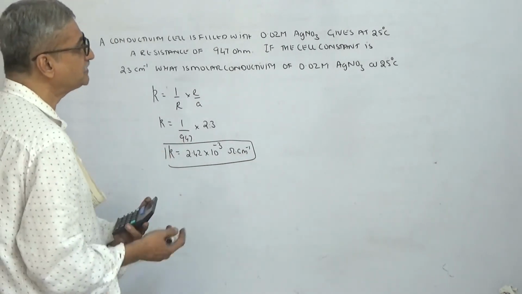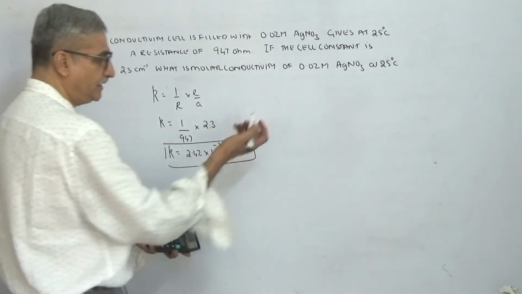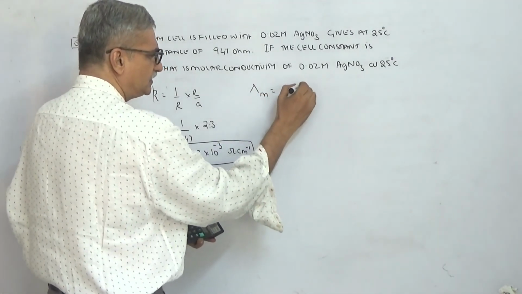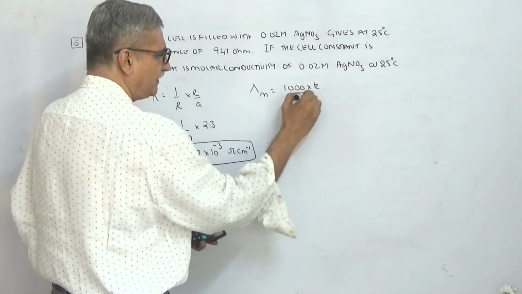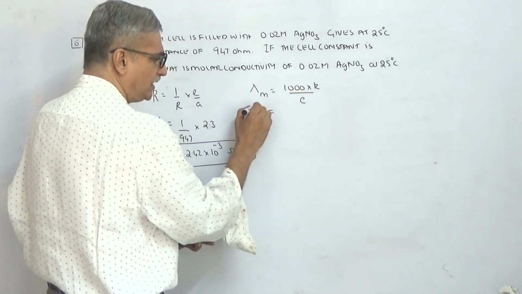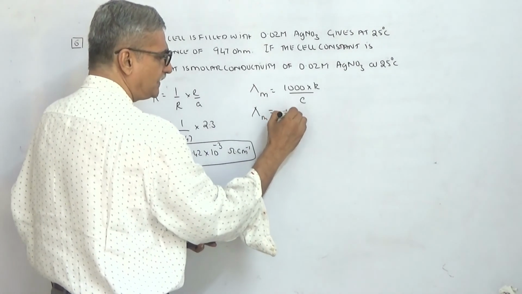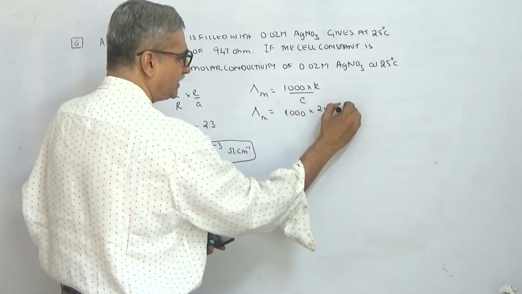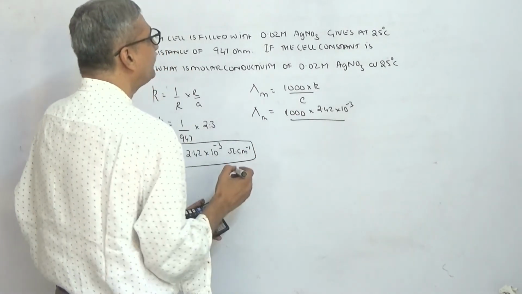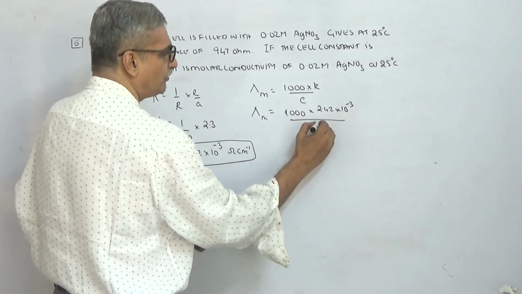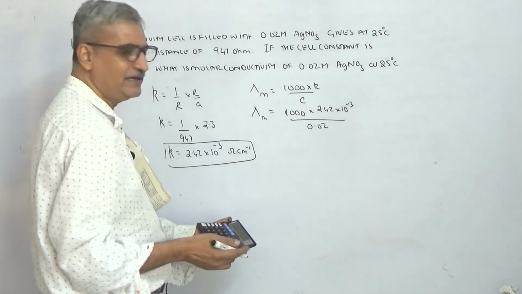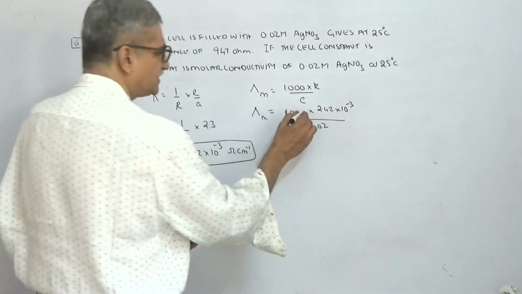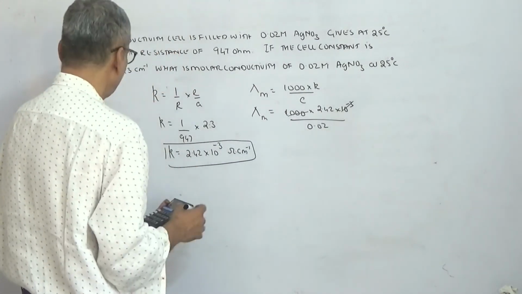Now what have they asked? Molar conductivity. Then it's very easy. Molar conductivity will be 1000 into K by C, that is 1000 into 2.42 into 10 raised to minus 3 upon 0.02. Your value is over, as simple as that. This 1000 gets cancelled.